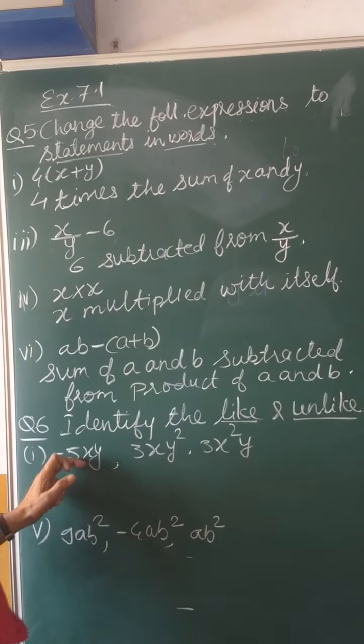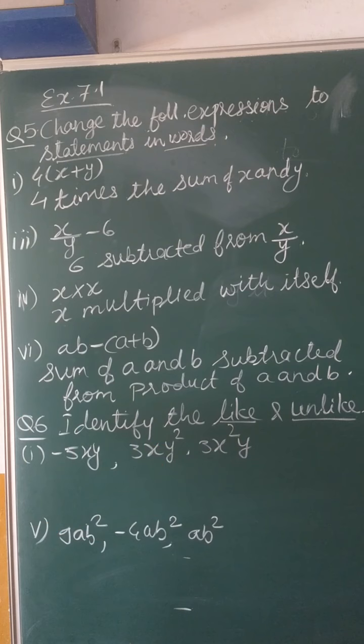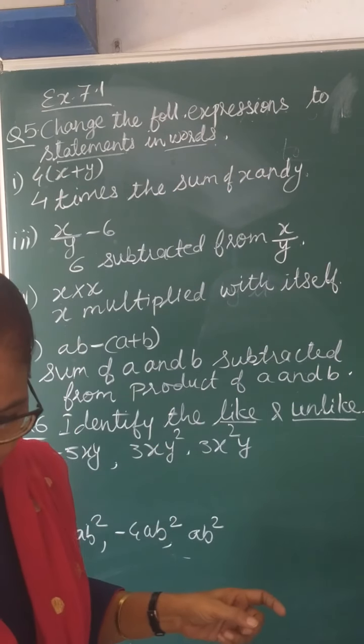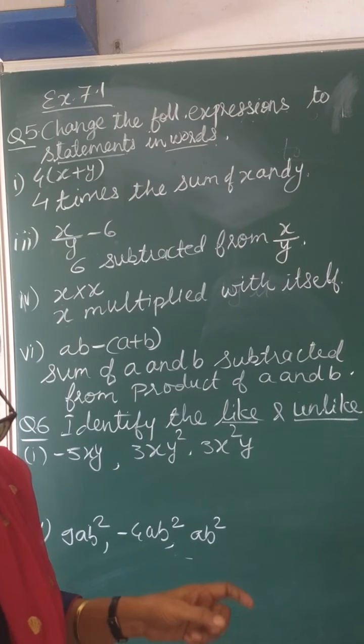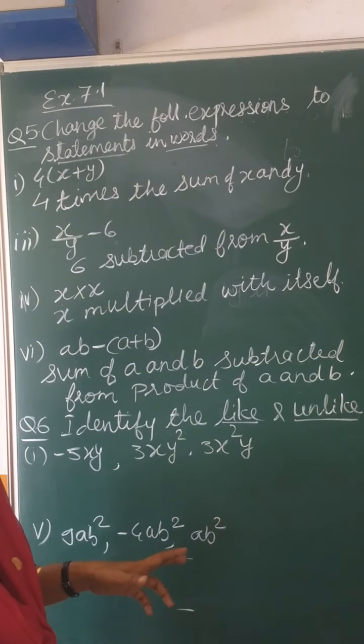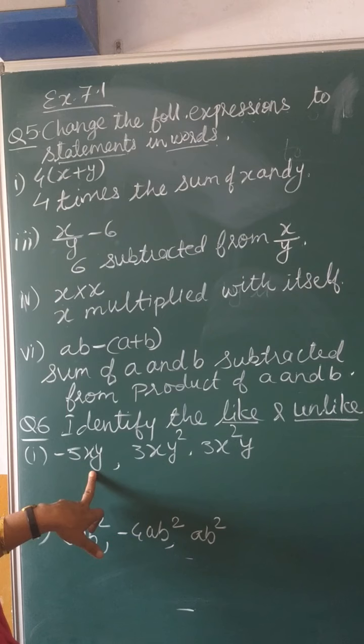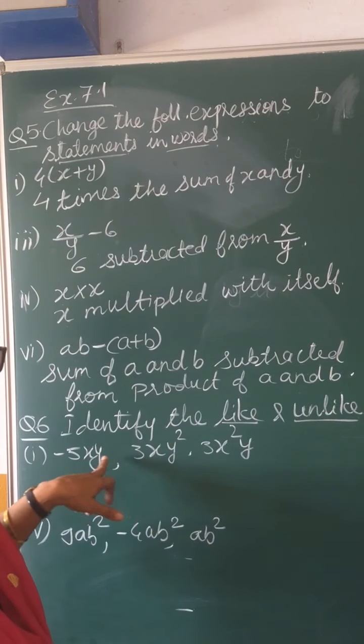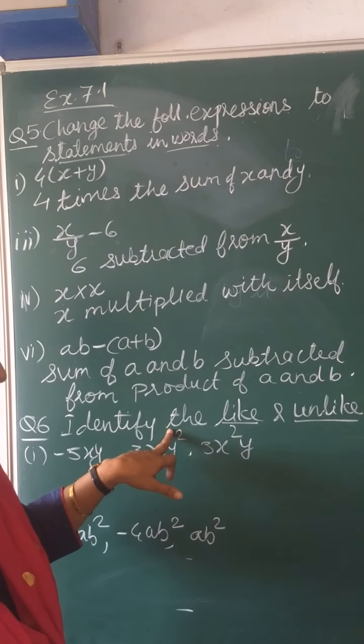Now you can see here 3 terms are given to you. Now from here you have to identify which terms are like and unlike. Okay. Now you see here what is the variable? xy. Here in xy square, y power is 1 and here the power of y is 2.